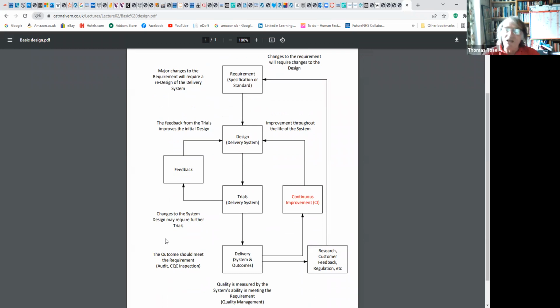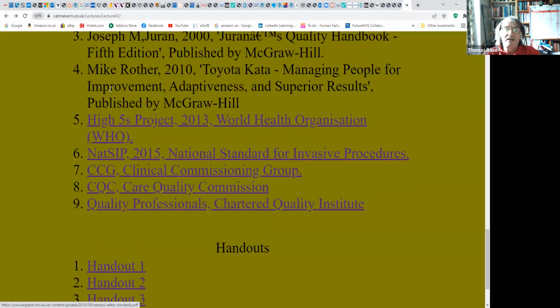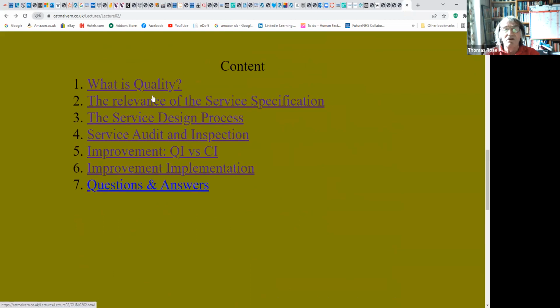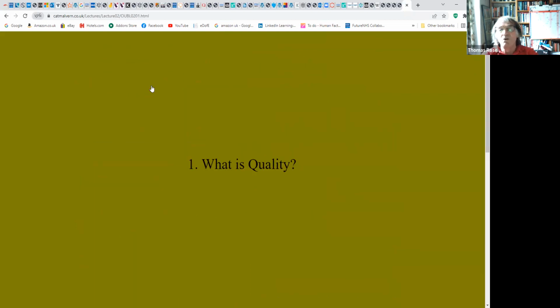So we can see the similarities between the two, I mean, they're no different really, other than the output at the end. But I will argue that the NHS produce a number of products as well, but they don't recognize them as products at the moment. So that's the starter. I'll go on now straight away to talking about what is quality.